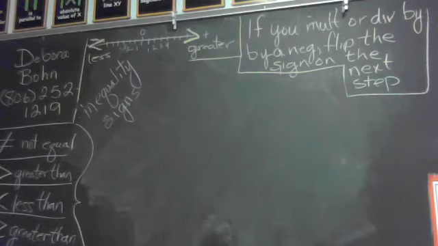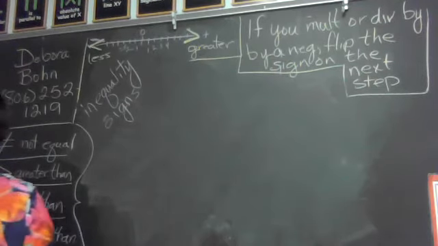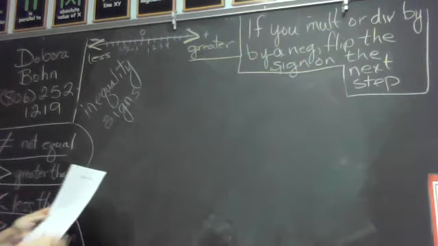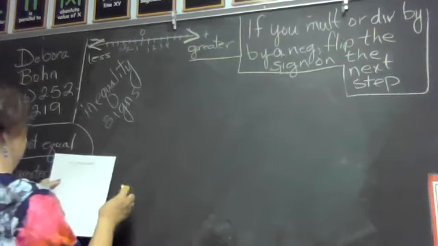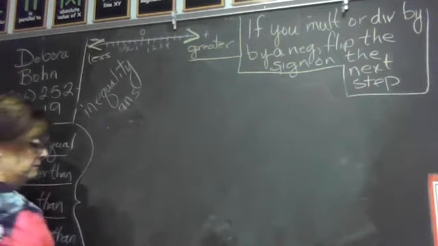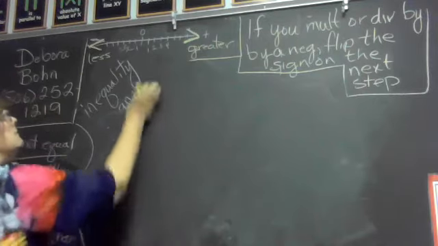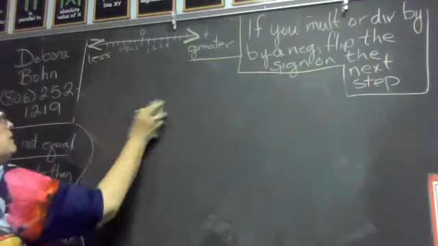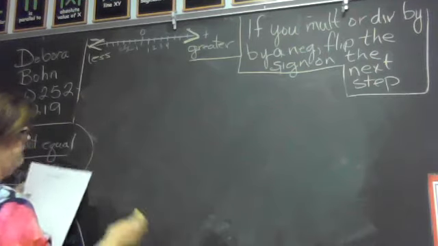There's a good one. All right. Here we go. We're also going to practice our translating. Okay, this comes off of one of the worksheets you're going to have today.